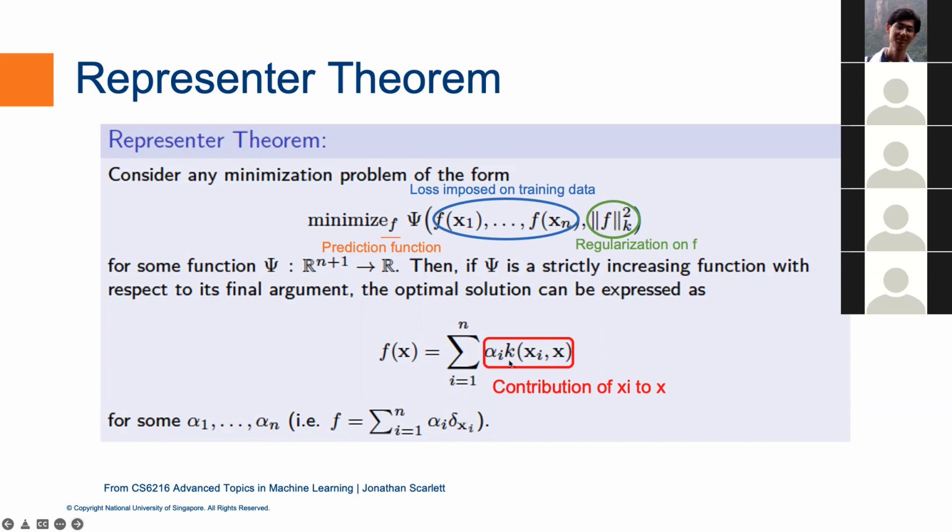Kernel is some similarity measure between the training data xi and the testing data x. If you still remember when we attended the workshop at SMU, Xiaofei was giving their ICML presentation.